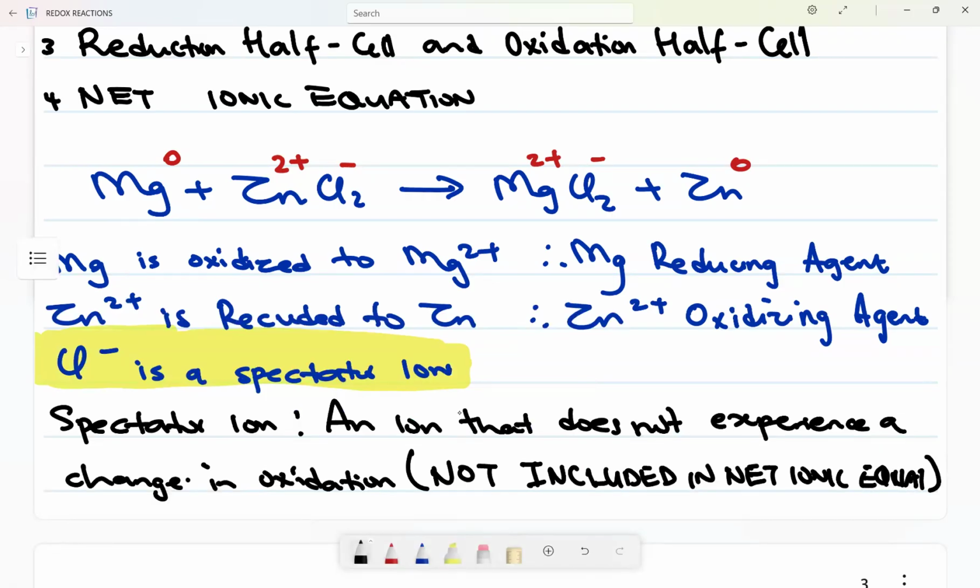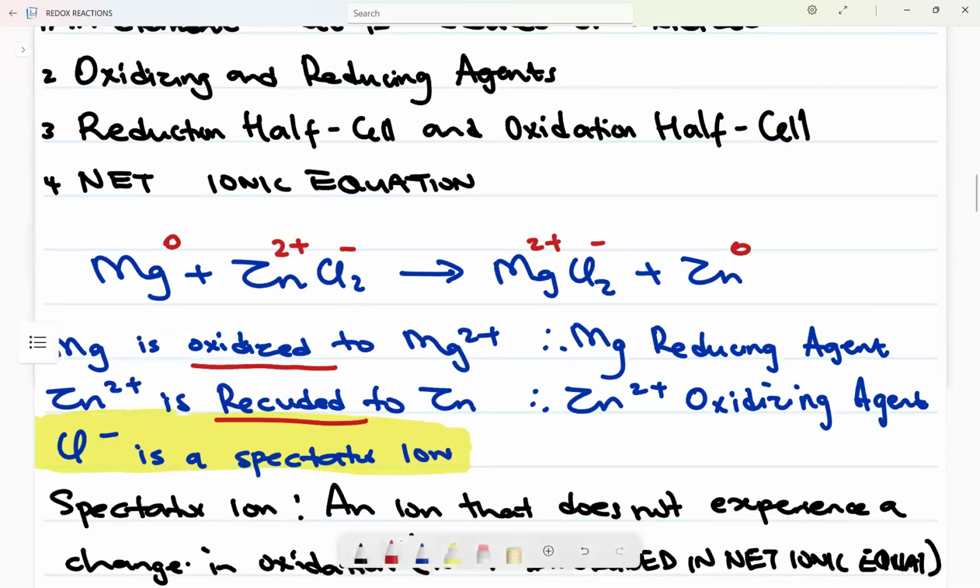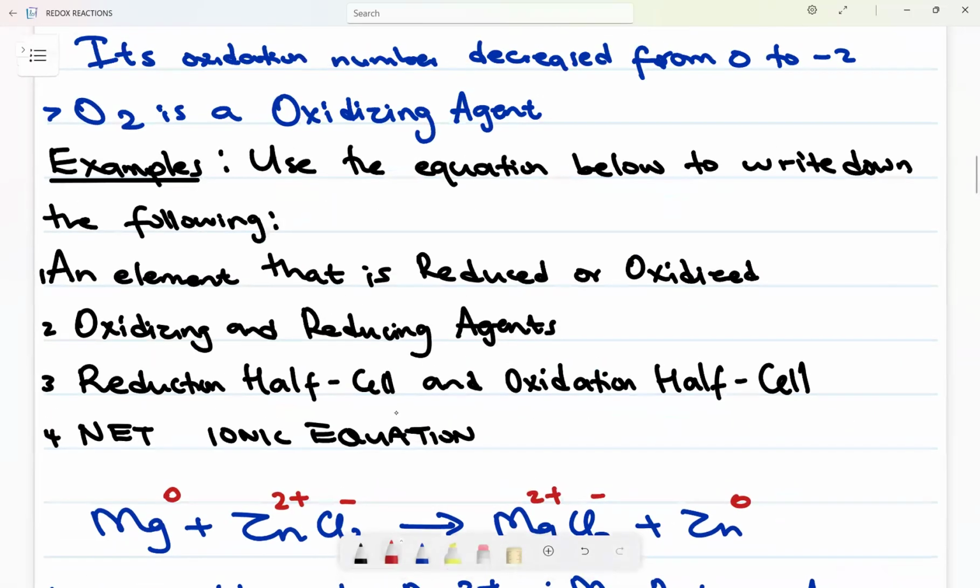The one that we will be looking at, they are not included because they do not undergo any change. Now, we have answered this: an element that is oxidized, an element that is reduced, an oxidizing agent and reducing agent. And then we are done with this.